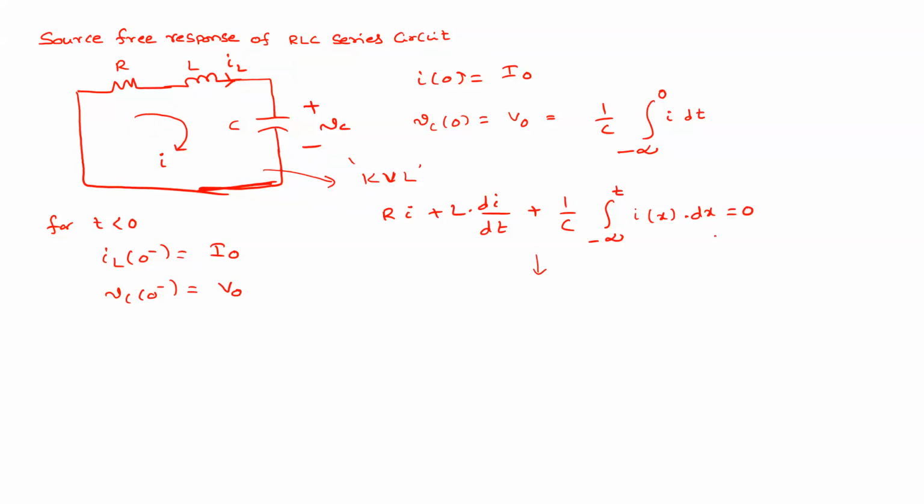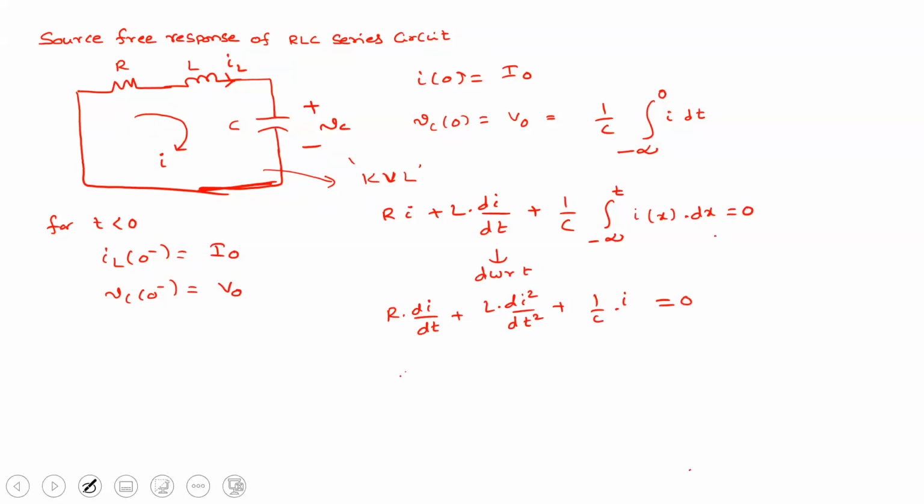What is the final expression you will get? So differentiate this one: R into di by dt plus L into d square i by dt square plus 1 by C into I, which is equal to 0.